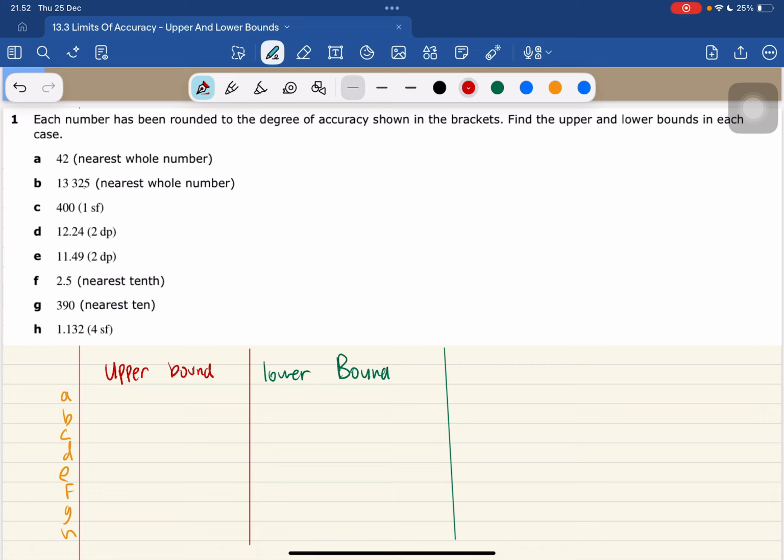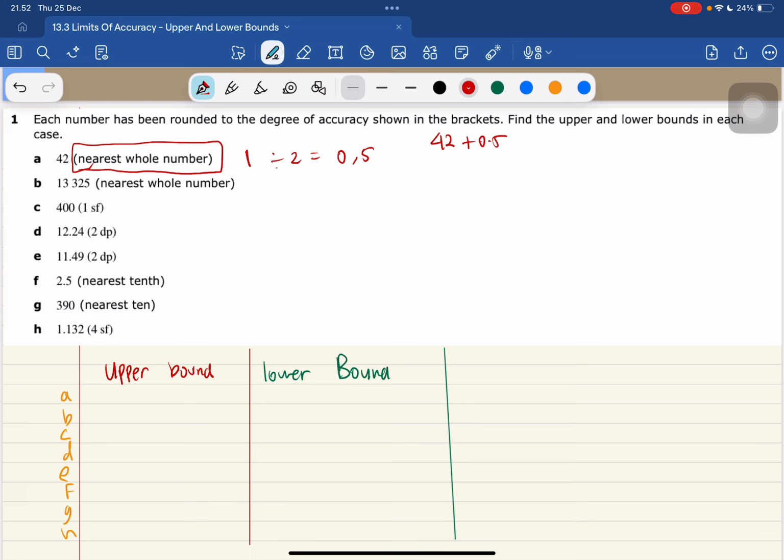So 42 has been rounded to the nearest whole number, like 1. We make it a half, so this is 0.5. To find the upper, we make it 42 plus 0.5.